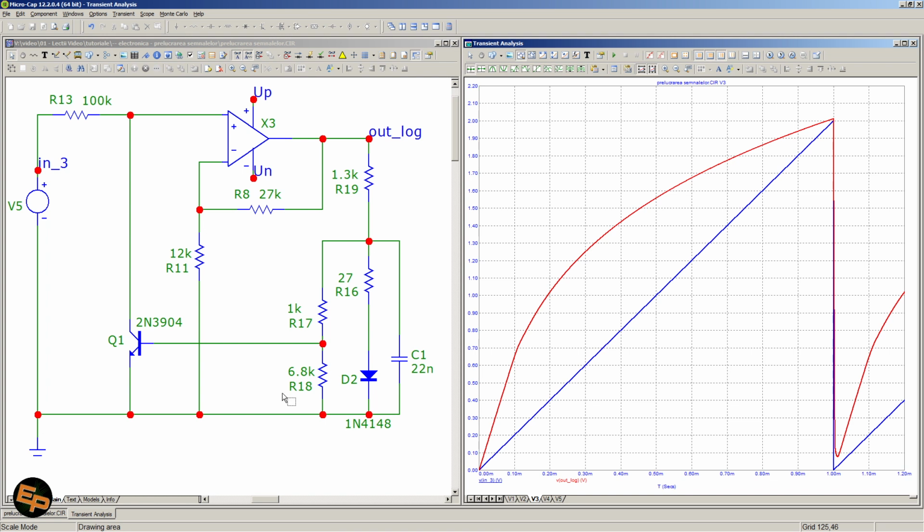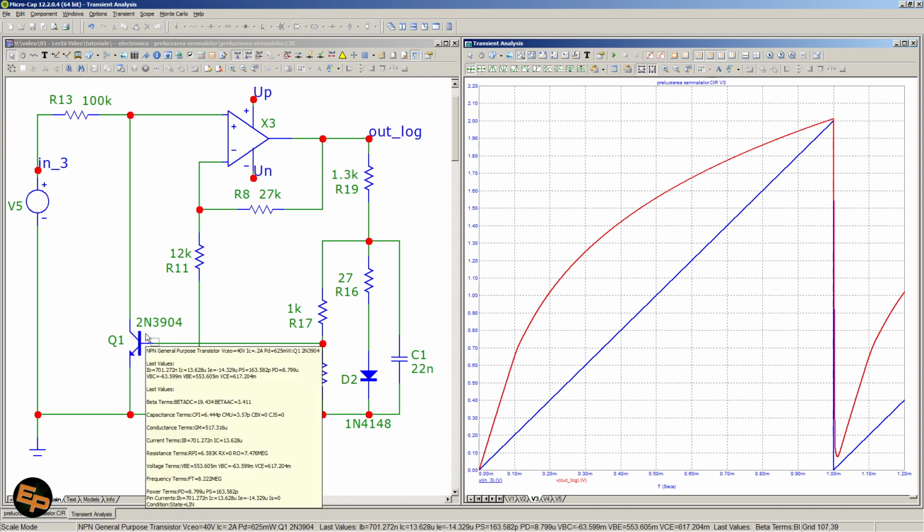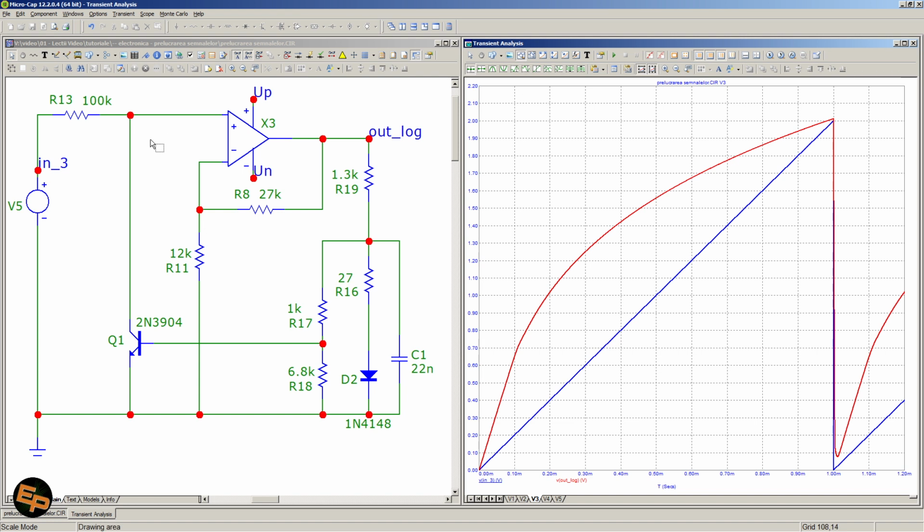Now, the problem with it is that the curve can be manipulated a little bit, but the biggest problem is this potential for oscillations. And this is due to the fact that we have a transistor that limits the input voltage here based on the output voltage here.